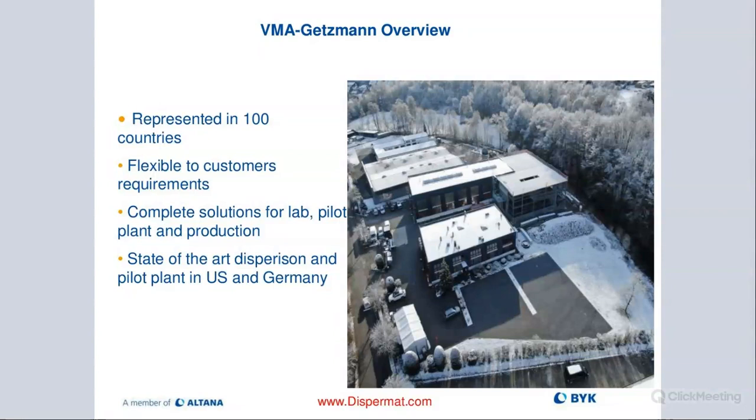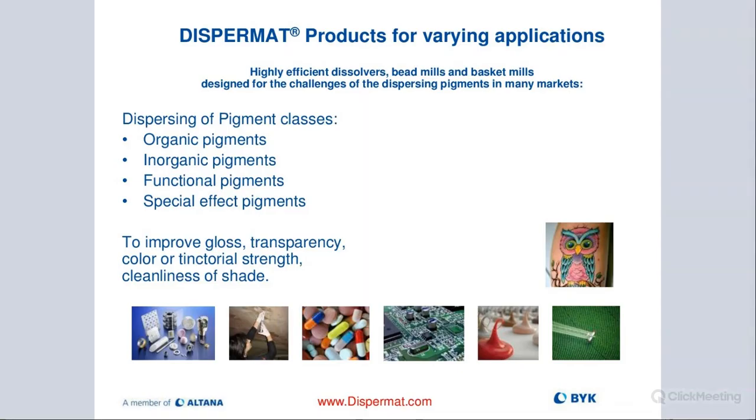Probably about 40% of all the Dispermats that are being manufactured are custom solutions. And we also have a really nice facility in Germany to show this type of equipment, as well as at BIC USA in Wallingford, where we also have a demo lab, which I talked a little bit about earlier.